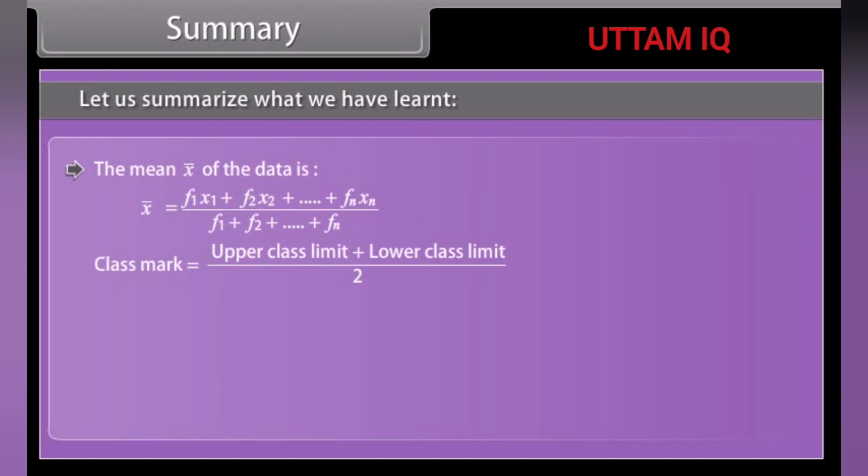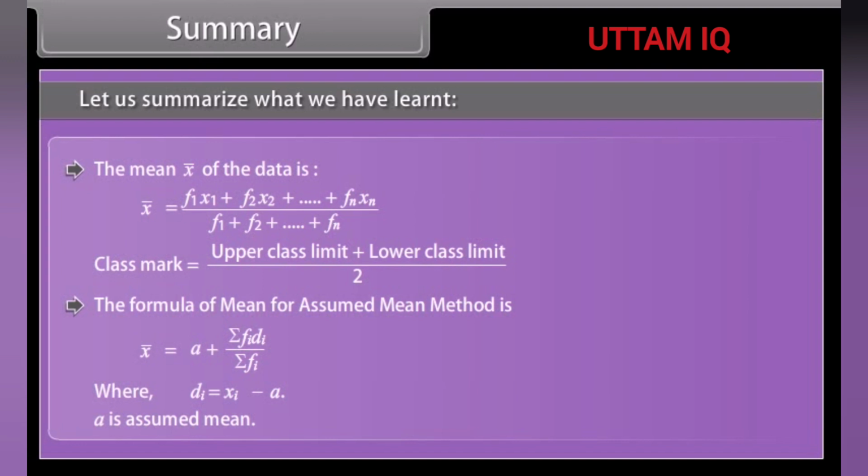Class mark equals (upper class limit plus lower class limit) upon 2. The formula of mean for the assumed mean method is assumed mean plus summation of the product of fi and di divided by summation of fi, where di is equal to xi minus a. A is the assumed mean.